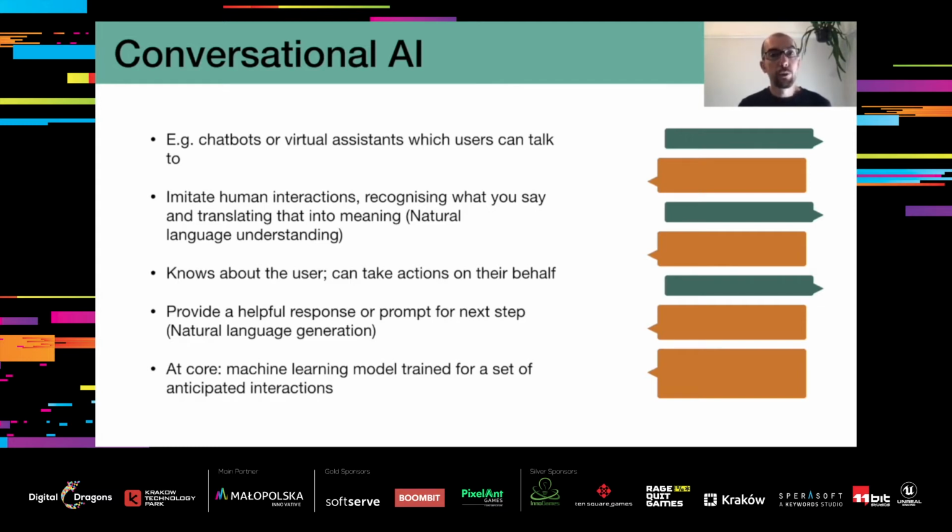Conversational AI knows about the user or the player and can take actions on their behalf. And it can provide a helpful response or even a prompt for the next step in the story, in the journey. And at its core are machine learning models trained for a set of anticipated interactions with our software or with our game.